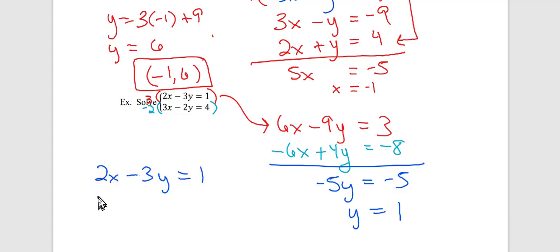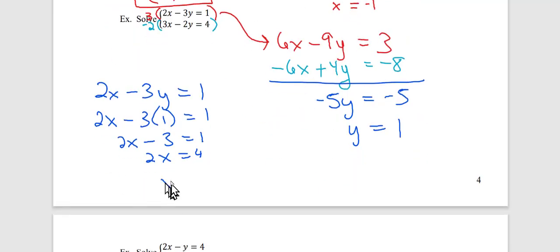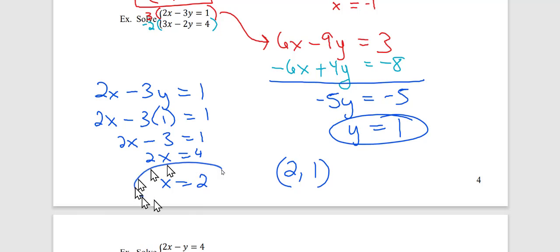I don't care which one you choose. 2x minus 3 times 1 equals 1. 2x minus 3 equals 1. 2x equals 4. That tells me x equals 2. So my ordered pair solution is (2, 1). If you're writing it with variable notation, x equals 2, y equals 1.